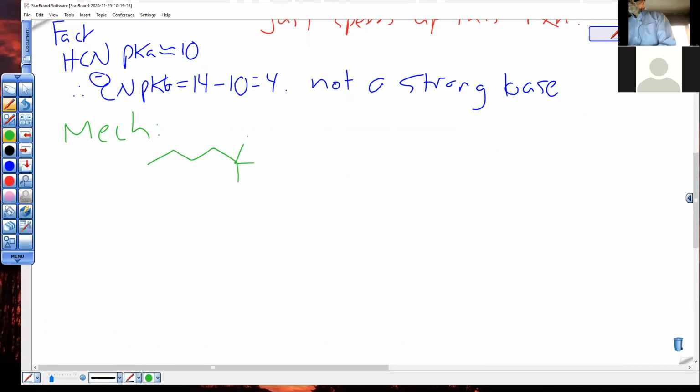What's a bromine? It's leaving. Why? Because you predicted SN1. First step is make carbocation. Nice carbocation. All right. Normally, what's going to happen next? Cyanide, strong nucleophile, any nucleophile.